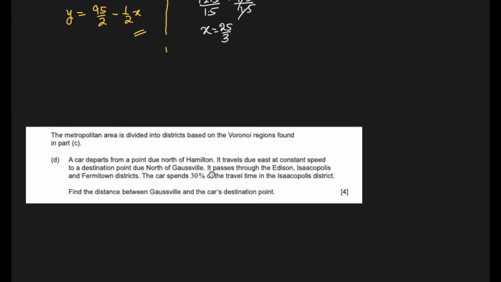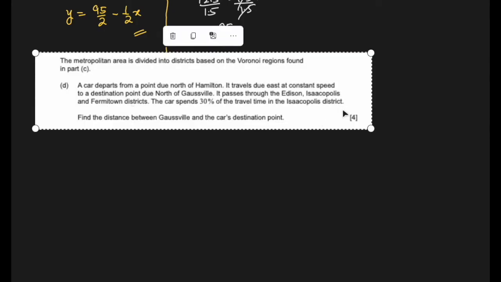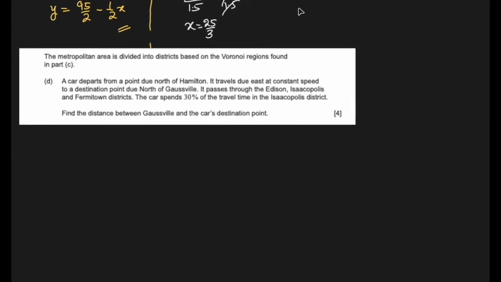The metropolitan area is divided into districts based on the new Voronoi regions found in part C. A car departs from a point due north of Hamilton. So I think I need a copy again. And here it is.